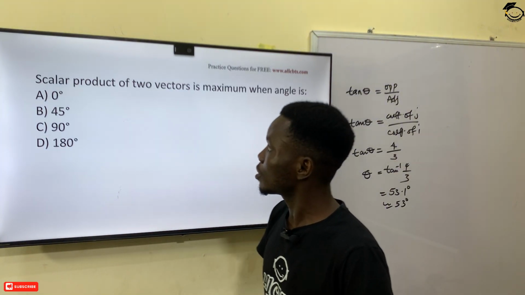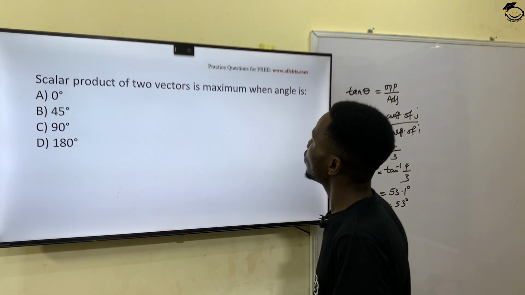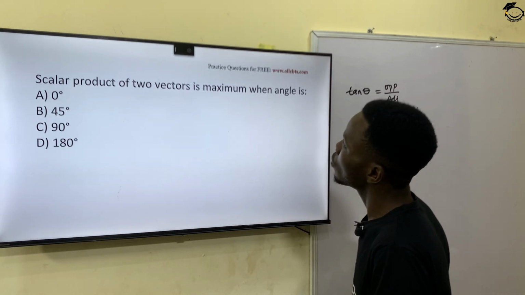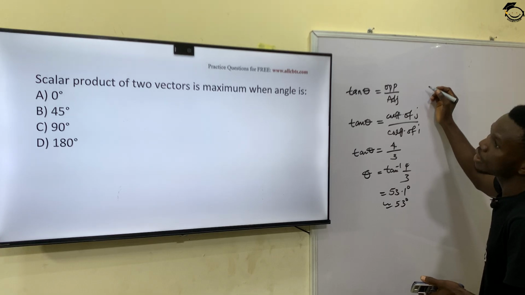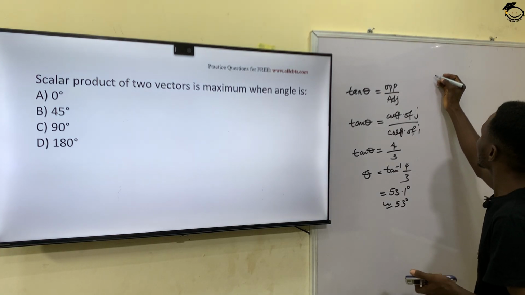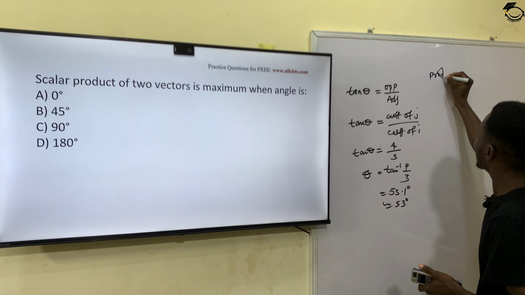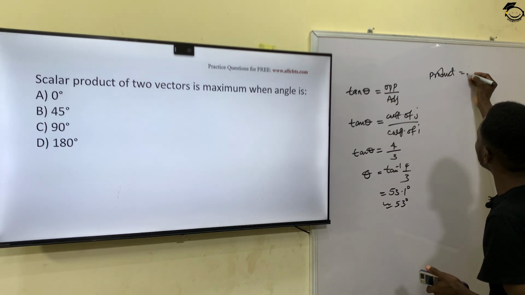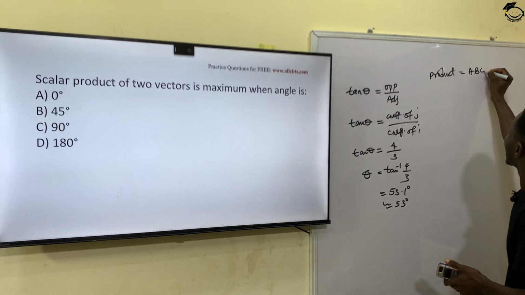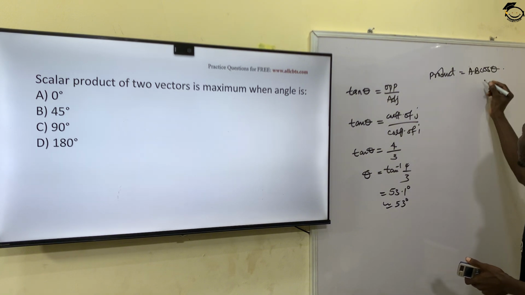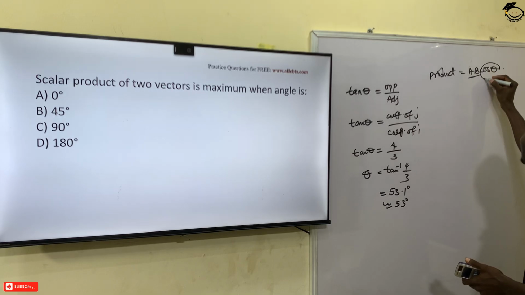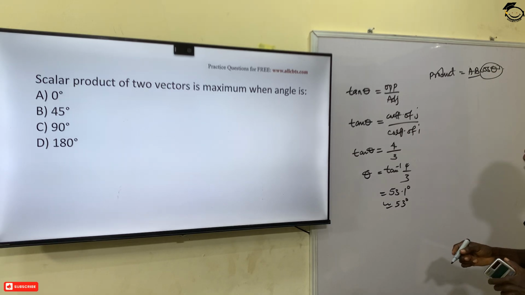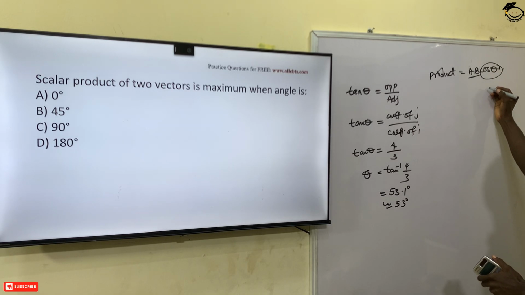The next question is: the scalar product of two vectors is maximum when the angle is dash. The scalar product of two vectors is in the format AB cos theta. A and B are fixed, but cos theta will be maximum only when cos has its highest value, and the highest value of cos is 1.